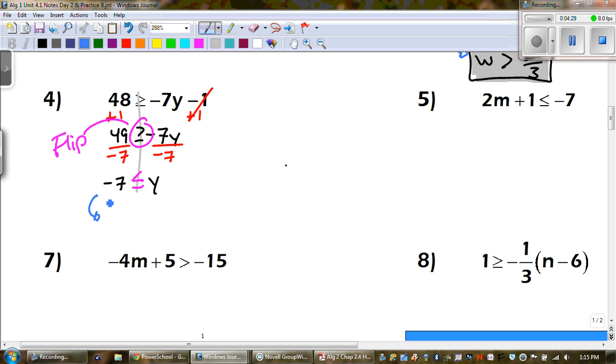Now, the only thing that's wrong with this is the y is not first, so we're going to rewrite it, y and then negative 7, and it's pointing at the 7, so I'm going to make sure it stays pointing at the 7.